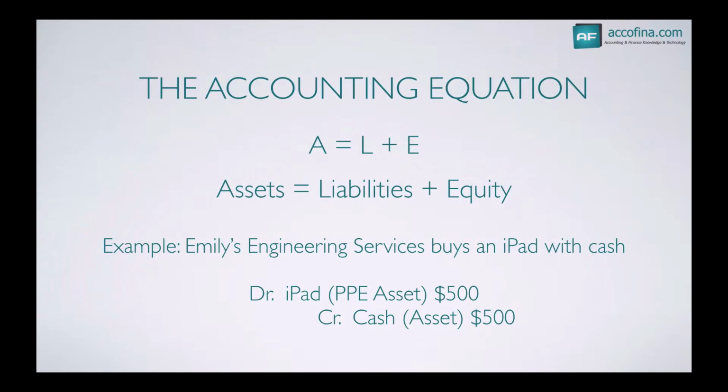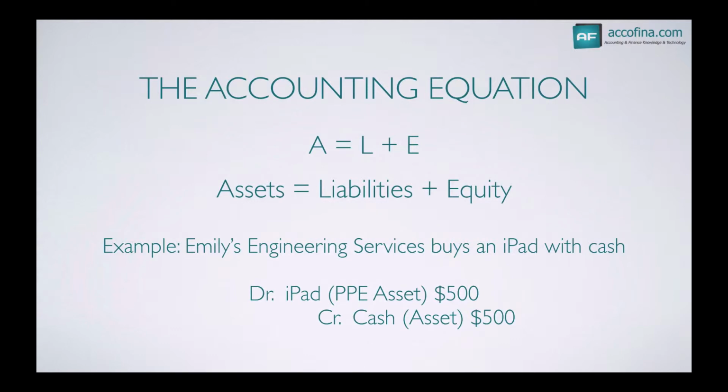Alright, so here's a quick example. Hopefully this will help a bit. We talked about debits and credits that must balance, and we talked about how the accounting equation must remain balanced. So we have Emily's engineering service, which is a business, buys an iPad with cash. So we have a debit, the iPad, which is a PPE asset.